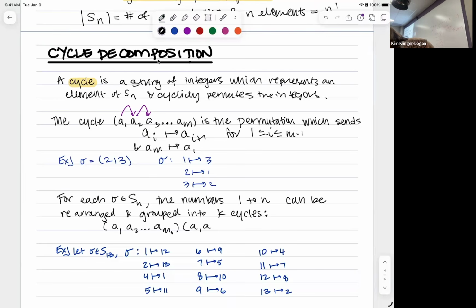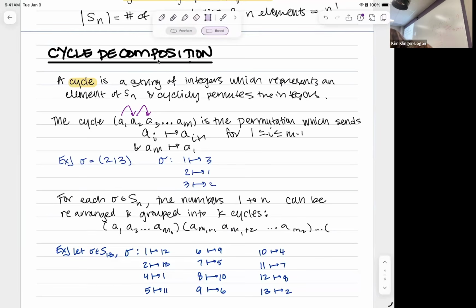Oops. I don't want to write this. Not a_1. Oh, yeah. Notation gets really messy, but it's basically that I can just write any permutation as some of these k-cycles.